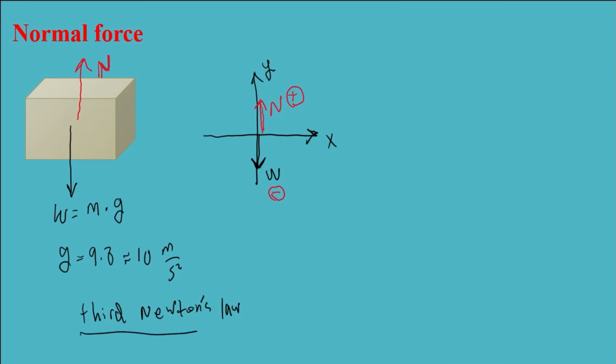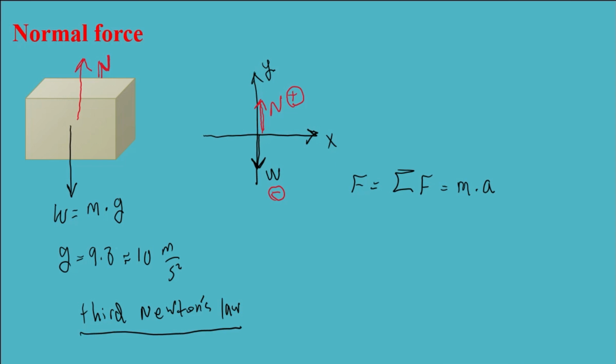Now let me talk about the second Newton's law. Based on the second Newton's law, my net force is the sum of the forces applying to the object, and that should be equal to the mass of the object times acceleration.